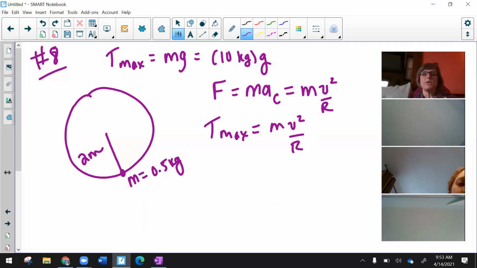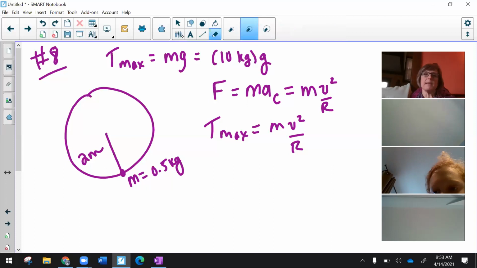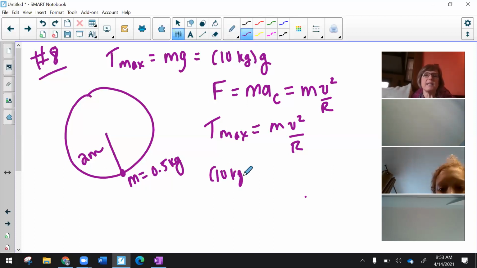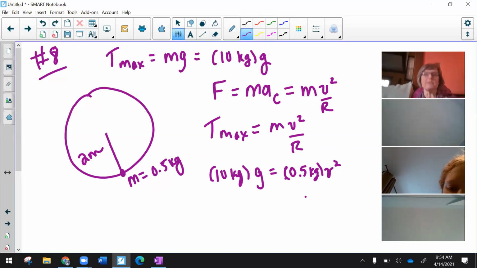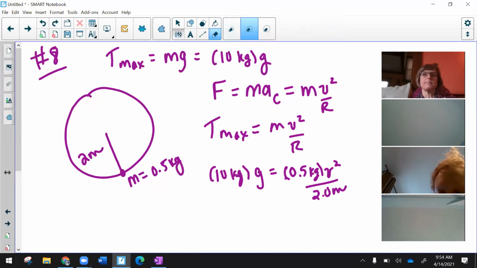So the maximum tension is going to be, I'll write it this way because I don't want to mess it up, 10 kilograms times g. This m is half a kilogram because it's the mass that's actually going around in a circle. And then r is actually 2 meters.